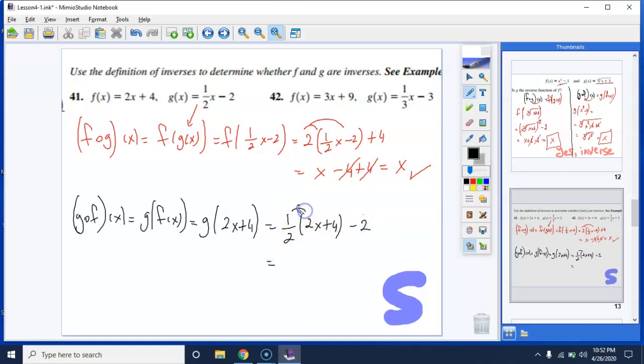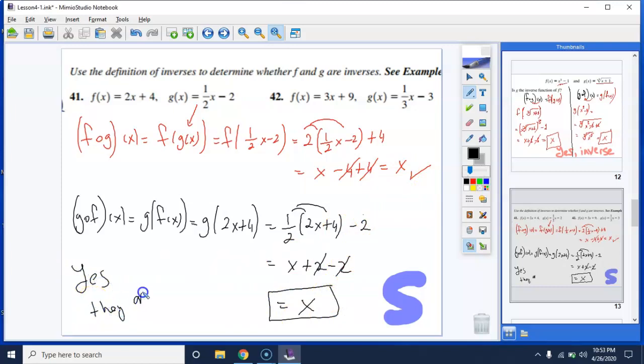Distribute: 1/2 times 2x, those two cancel each other, it's just x. And 1/2 times 4 is just 2, minus 2. These two cancel each other, so we got x there as well. Since we got the same thing, yes, they are inverses of each other.